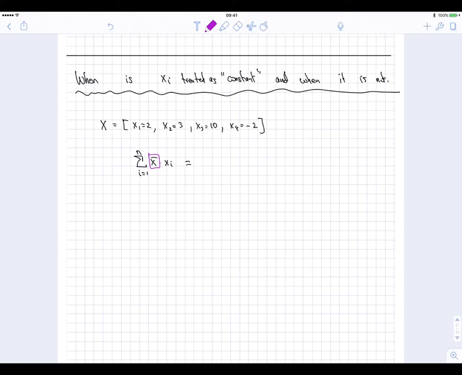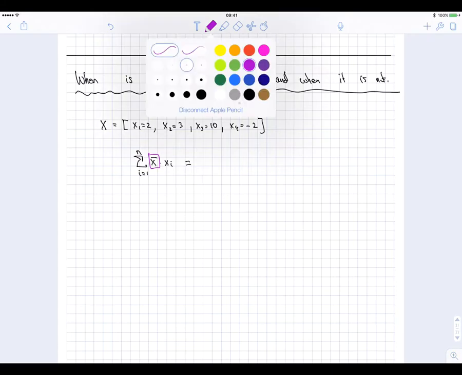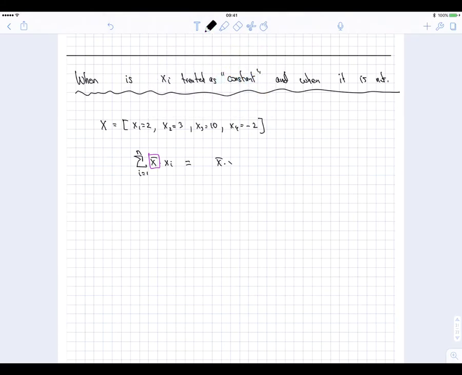X bar doesn't change in terms of that summation notation. So if I were to open up that summation notation, it would look like this. Because this x bar is a non-changing term in that summation notation, I can pull it out.